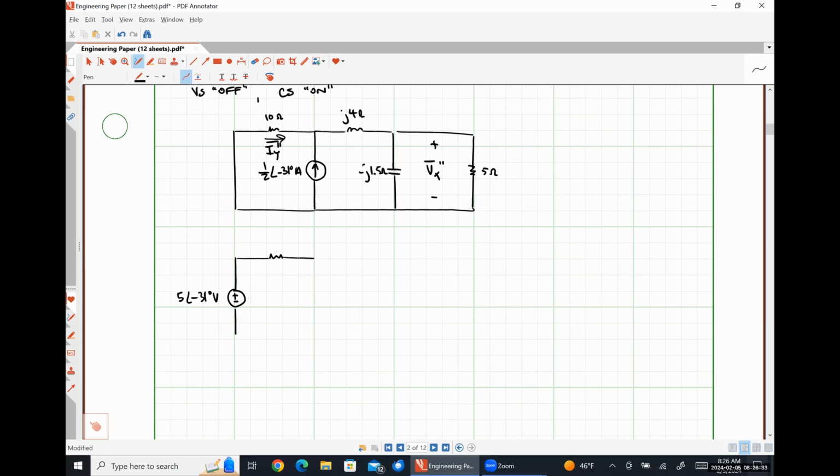in series with 10 ohms, J4 ohms, minus J 1.5 ohms, five ohms.